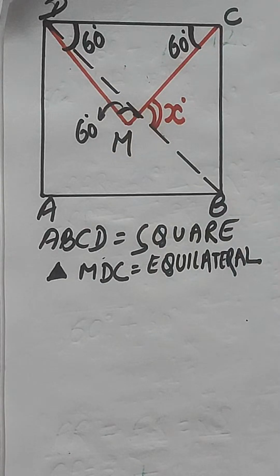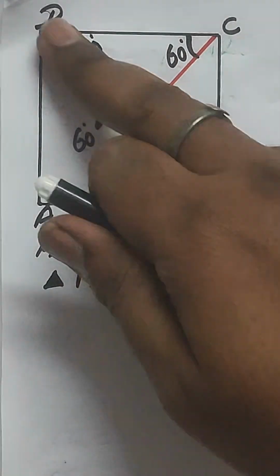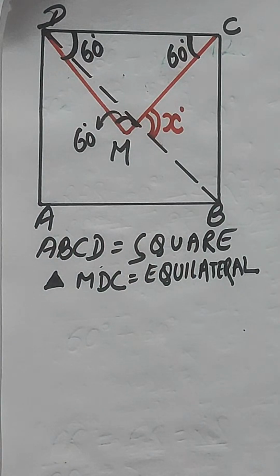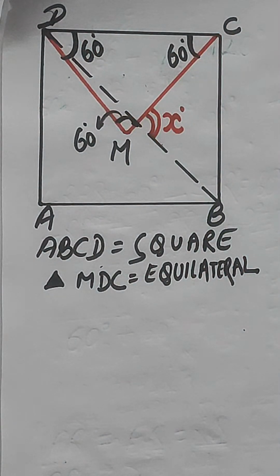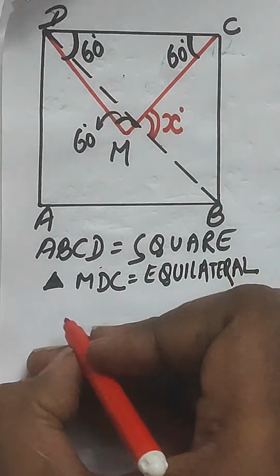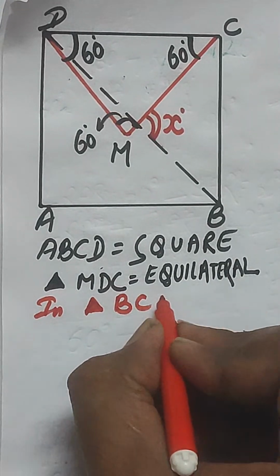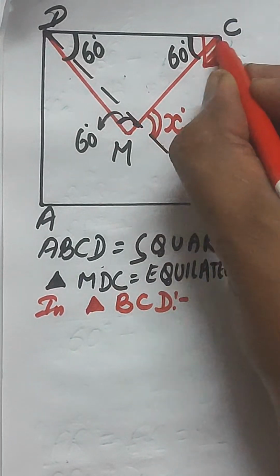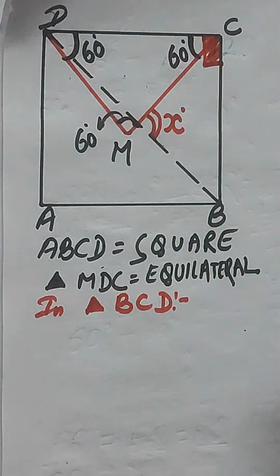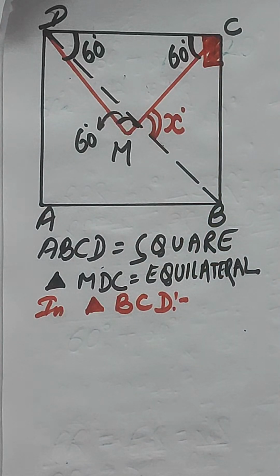Let us see. Since this is a square, we can see BD is the diagonal of the square. BD is the diagonal, the dotted line. Since BD is the diagonal, we can say that triangle BCD is formed. In triangle BCD, the value of angle C will be 90 degree, because all the four angles of a square are always equal to 90 degree, right?